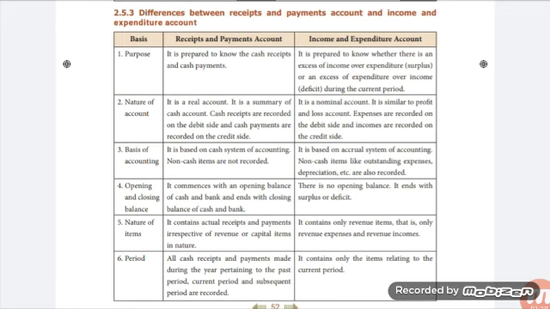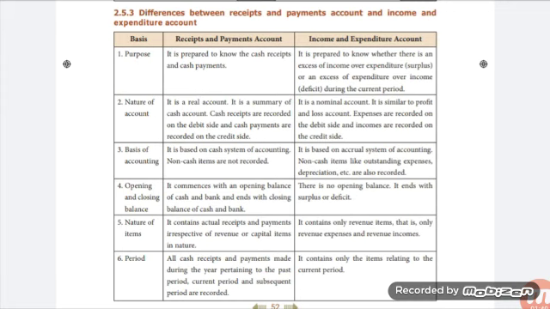Next point, nature of items. Receipts and payments account contains actual receipts and payments irrespective of revenue or capital items in nature. But income and expenditure account contains only revenue items.